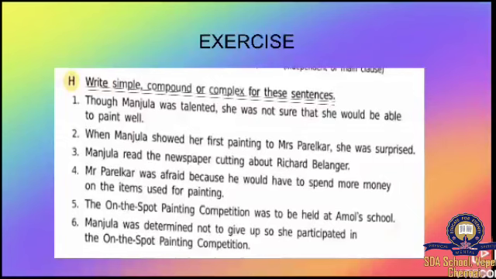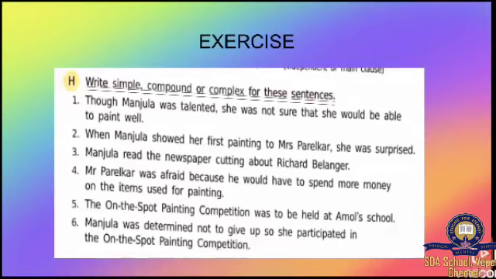Okay. The question is, they have given 6 sentences, and we have to find out whether the sentences are simple, compound, or complex. Reading on the first sentence.